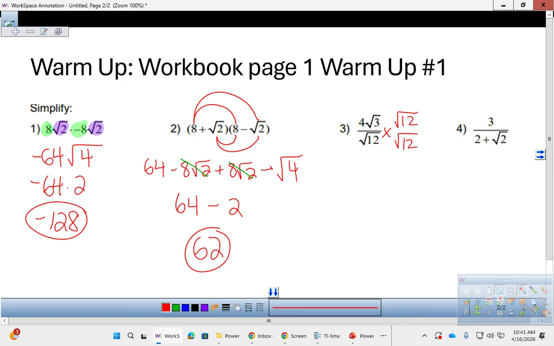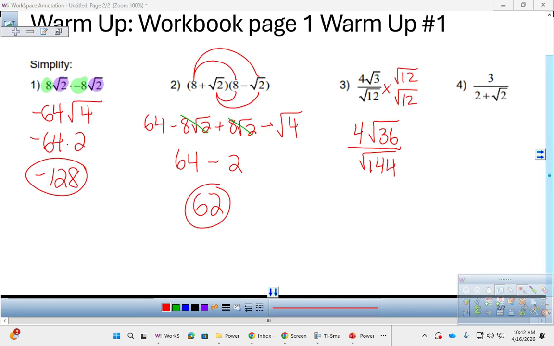So then I'm going to go straight across. It's 4, and then root 3 times root 12 is root 36. 3 times 12 is 36, so root 3 times root 12 is root 36. And root 12 times root 12 is root 144, which is a perfect square.